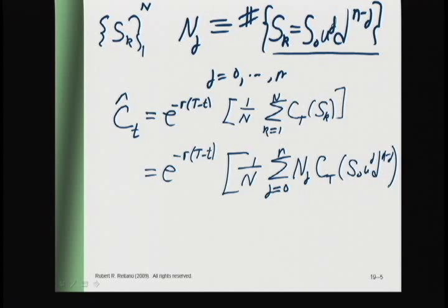And now if I look at this and I bring the N inside, the question really becomes, is N_j divided by N approximately equal to the probability I want? Namely, what probability is it that I want? Well, it's the probability in my original formula.